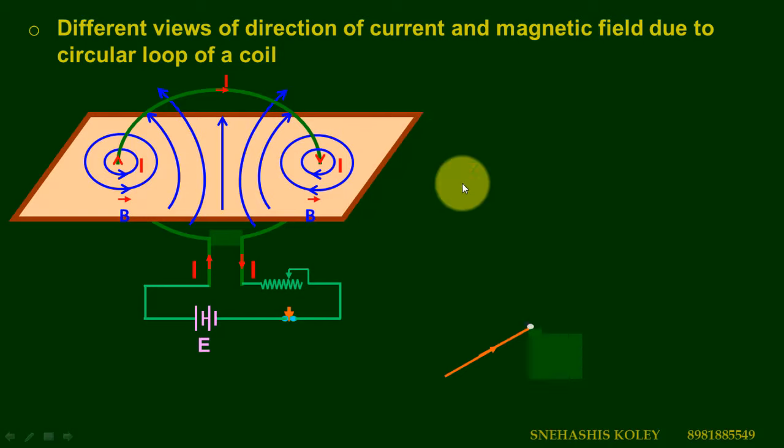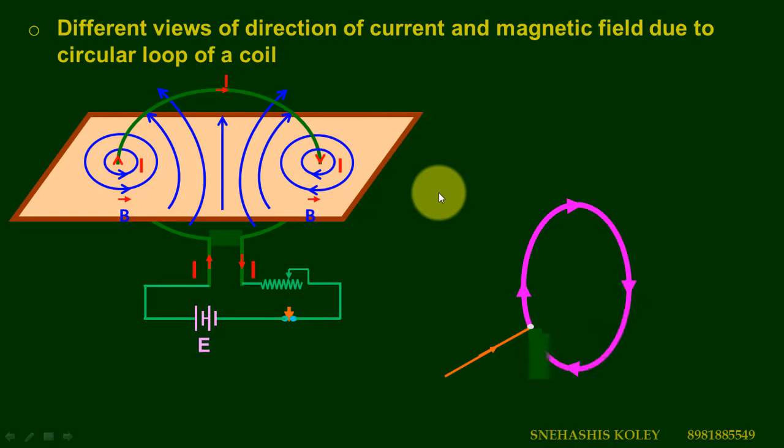In this case, it is to be noted that the polarity at the two faces of the loop depends on the direction of the current in the loop. If we reverse the direction of the current in this loop, then the polarity of the faces of the loop gets reversed.